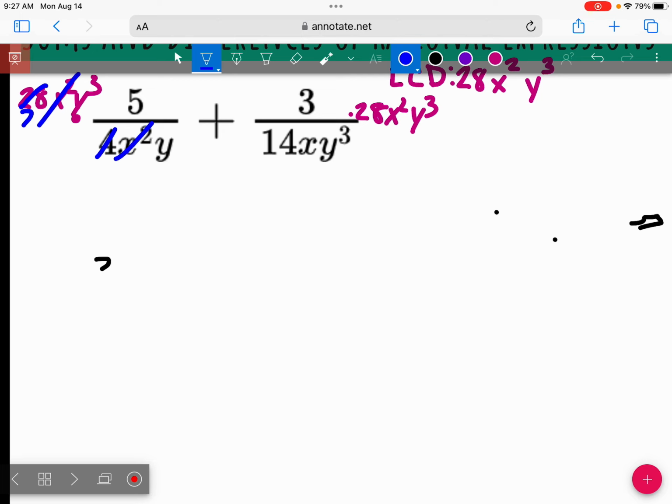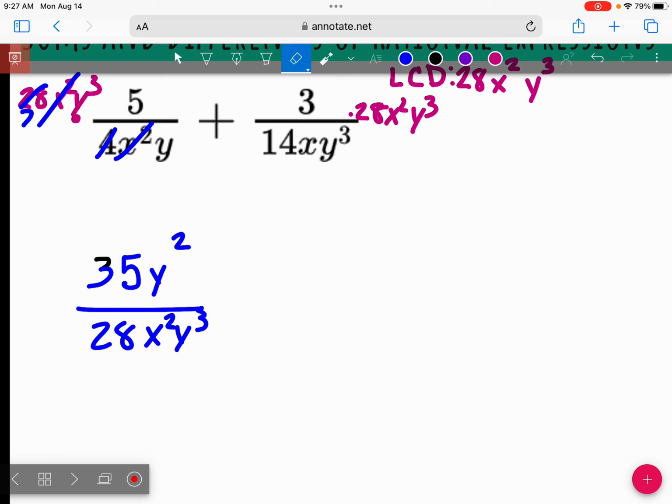So we're going to wind up with 35 y squared over 28 x squared y cubed plus, my glove is being a jerk, 6x over 28 x squared y cubed.